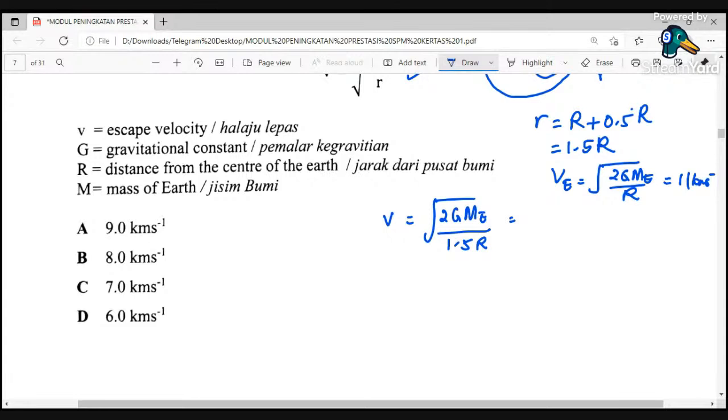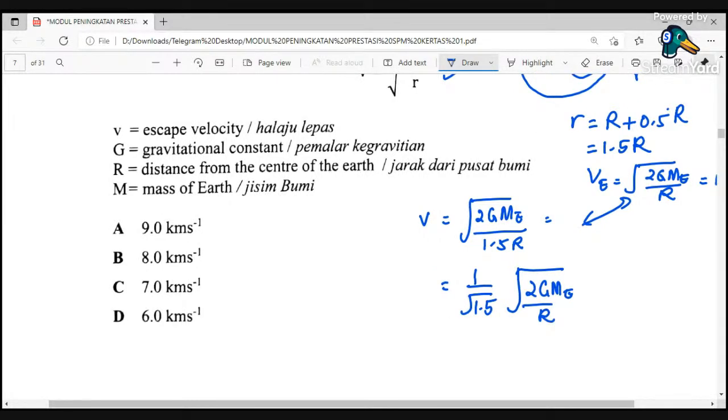Now you want to find this, so we try to relate to this one. The 1.5 I put outside, so factorize, it becomes 1 over square root of 1.5 times square root of 2GME over r. This one equals 11.